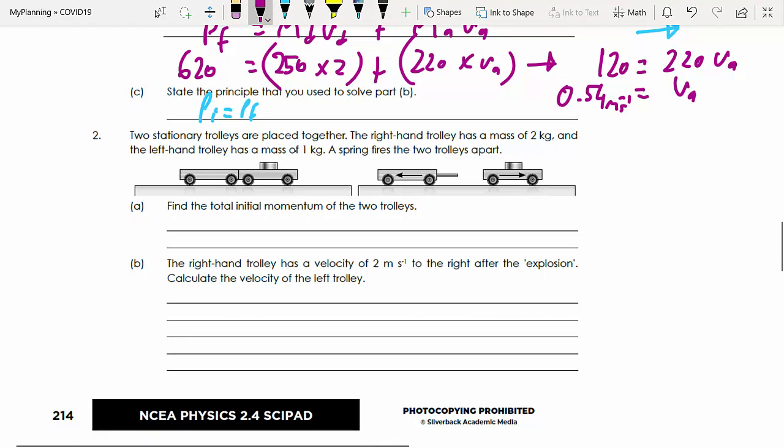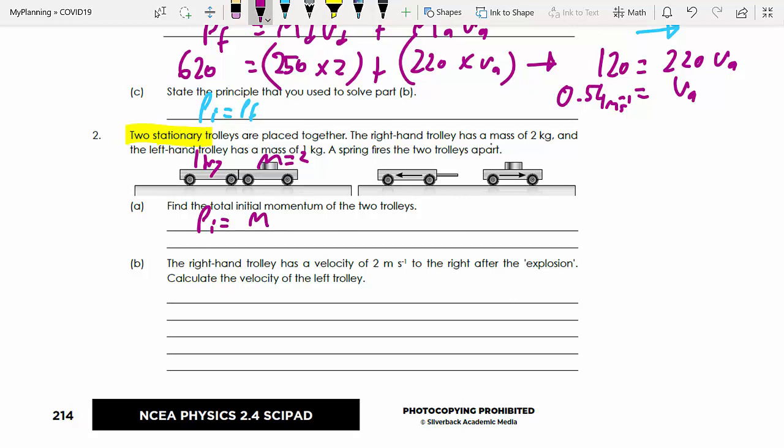Two stationary trolleys are placed together, and the right hand trolley has a mass of 2 kilograms, and the left hand trolley has a mass of 1 kg, and a spring fires the two trolleys apart. The total initial momentum of the two trolleys. It does say 2 stationary trolleys, so we could go through all that calculation.